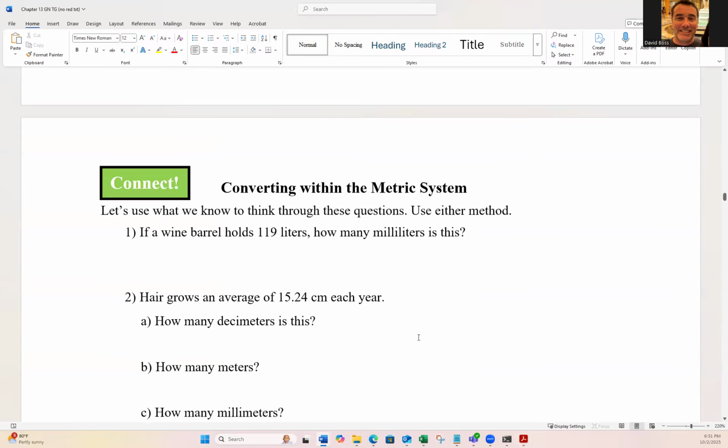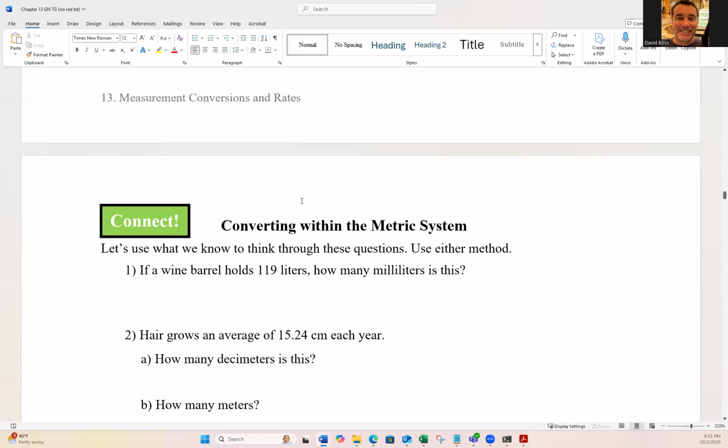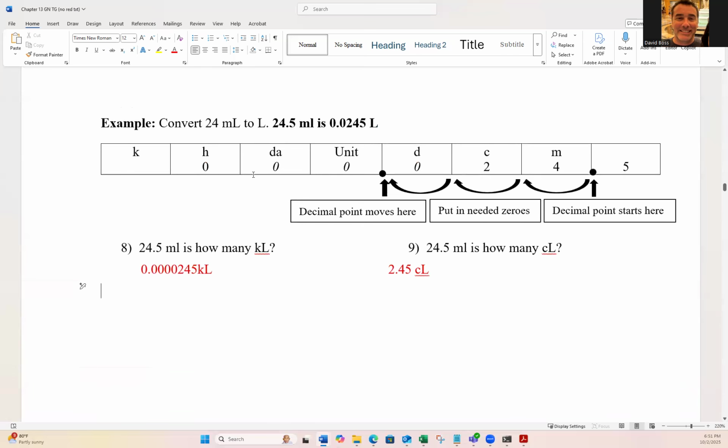Okay. Converting within the metric system. Let's do some examples within the metric system first to start off. If a wine barrel holds 119 liters, how many milliliters is this? So we're going to start at liters, right here.